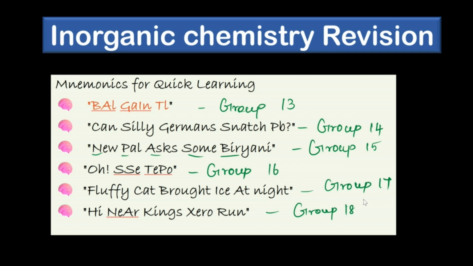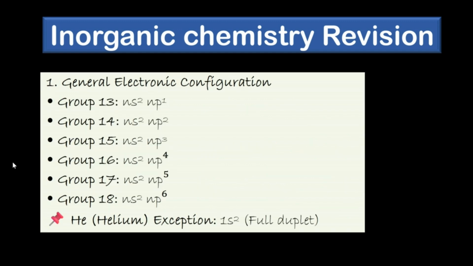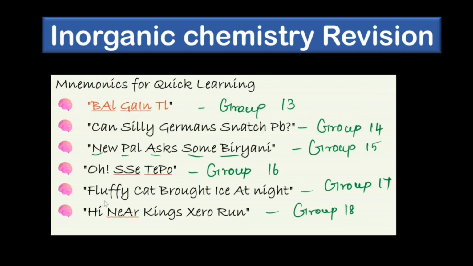Group 15: nitrogen, phosphorus, arsenic, antimony, bismuth. Group 16: oxygen, sulfur, selenium, tellurium, polonium. Group 17: fluorine, chlorine, bromine, iodine. And group 18, we all know: helium, neon, argon, krypton, xenon. These are the mnemonics. You can use them for quick learning.